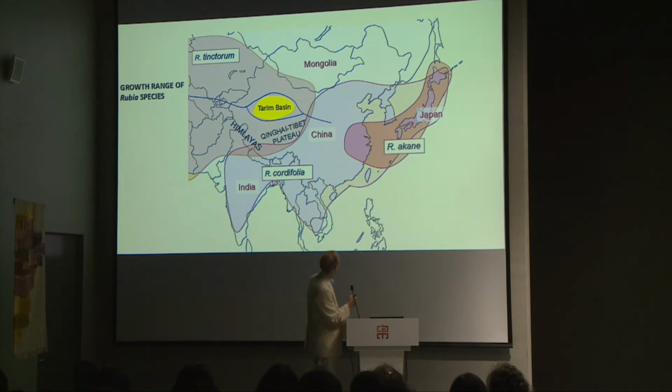And then the third one is Rubia akane, which is, at least nowadays, mostly used in Japan, but you also see it in here sometimes too. There are some subspecies or minor species of madder that also have the characteristics of Rubia akane.